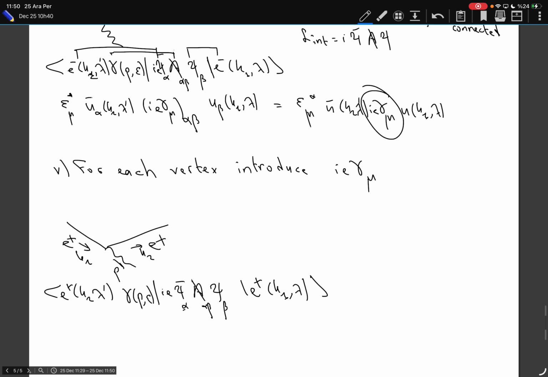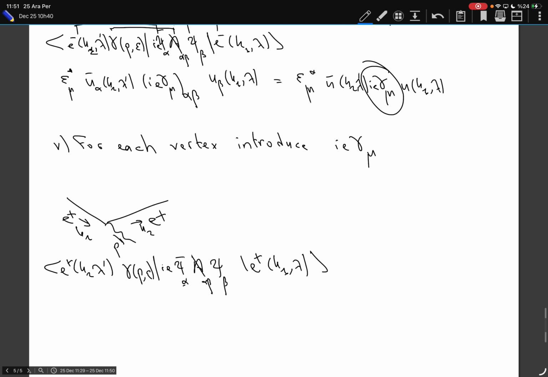But the arrows on the line, just like in the case of the complex fields, show the particle number flow. A particle moving in one direction is an antiparticle moving in the opposite direction. So these are antiparticles, and antiparticle number flow I will show in this way.